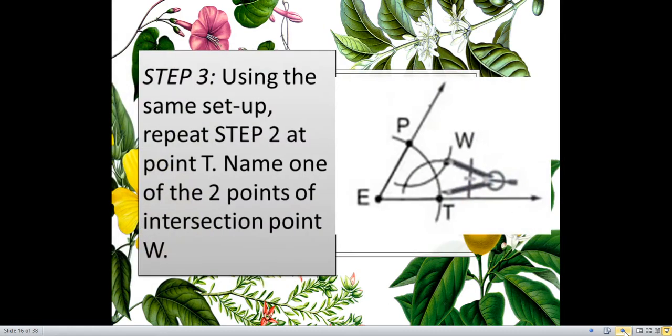And for step 3, using the same step as you do in step 2, this time you put your compass at point T. Then make another arc.